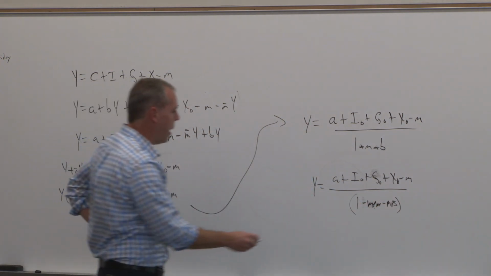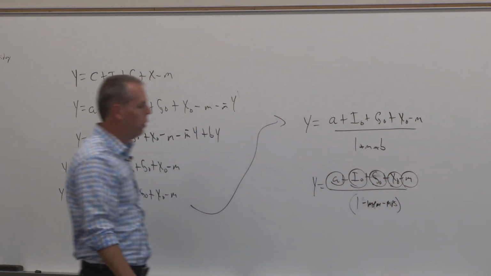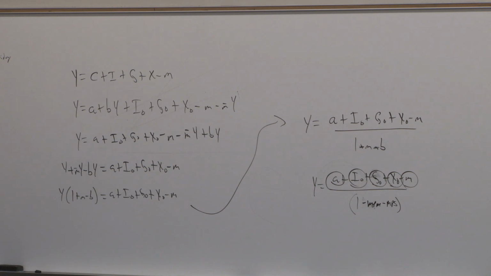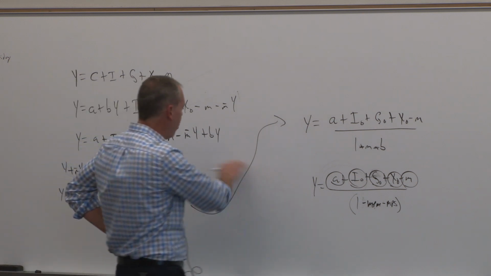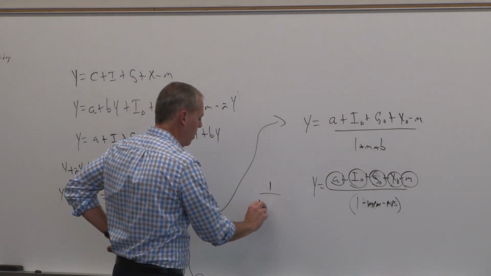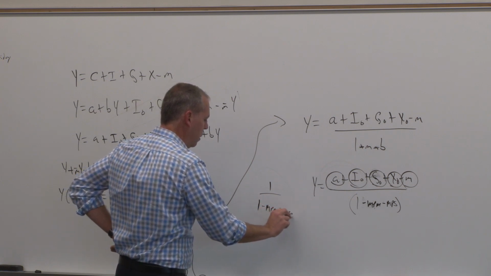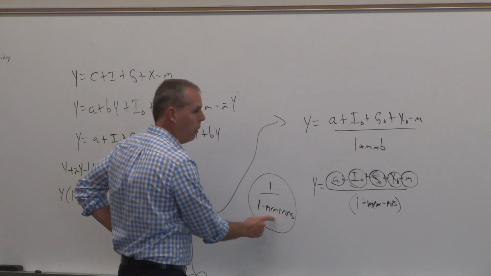So we've got these autonomous components here. We can change any of those guys. It's easiest to change G, but we want to know, well, what's going to be the size of that multiplier? You don't have to know all the algebra. But you do have to know the multiplier, right?